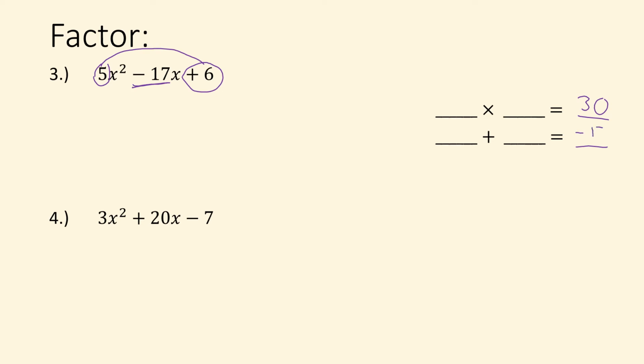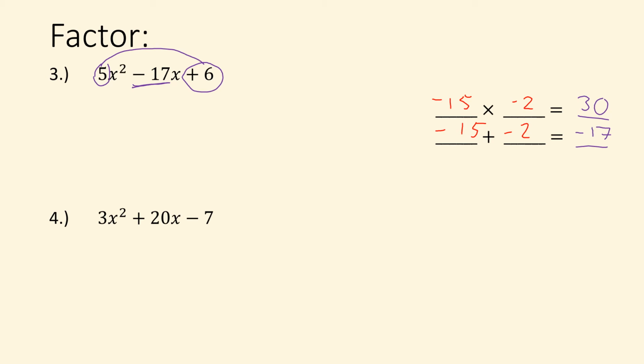So this is the logic puzzle part. We want two numbers that multiply to 30 and add to negative 17. You need to figure this out on your own by knowing your multiplication tables. And hopefully you can figure out that negative 15 and negative 2 multiply to positive 30, and they add to negative 17.